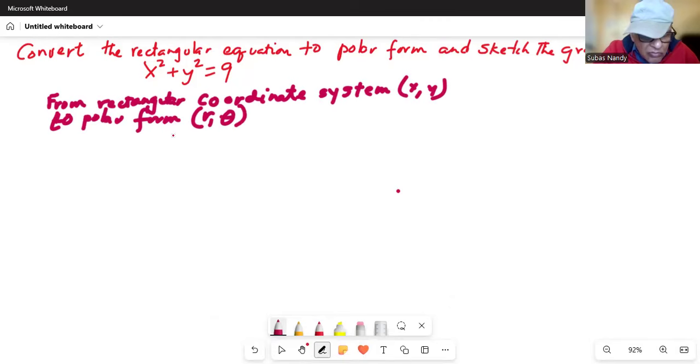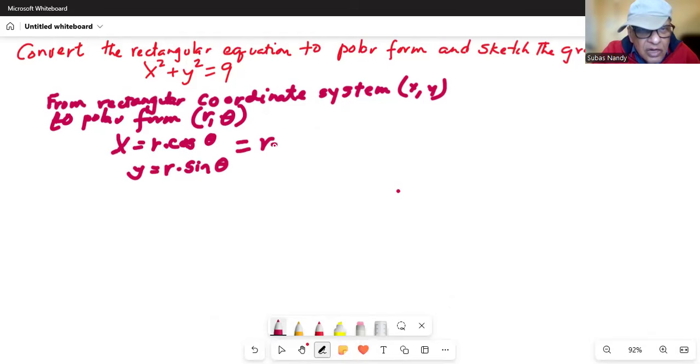If you wonder what is r and theta, x in the rectangular coordinate system is given by r, which is the radius from the center, times cosine of theta. And y is equal to r times sine of theta. So x is r cosine theta, and y is equal to r times sine of theta.